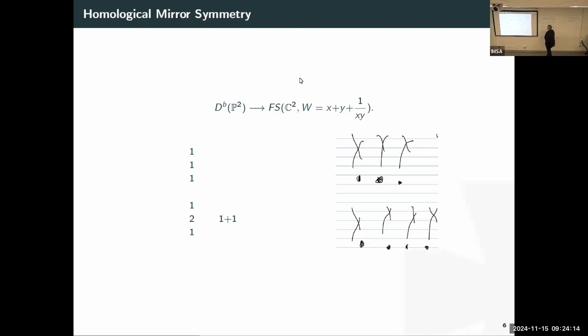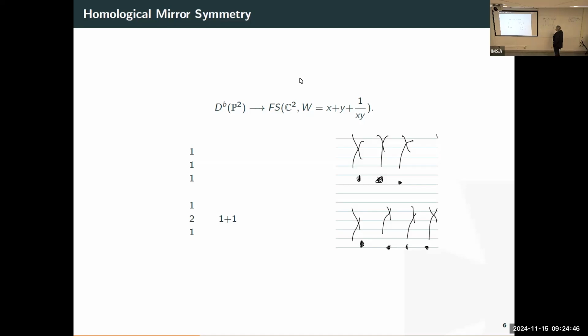Mirror symmetry tells us that to this category associated to P2, there corresponds a category of Lagrangian cycles called the Fukaya-Seidel category. That is a category defined on the symplectic manifold C2 with potential given by this function.